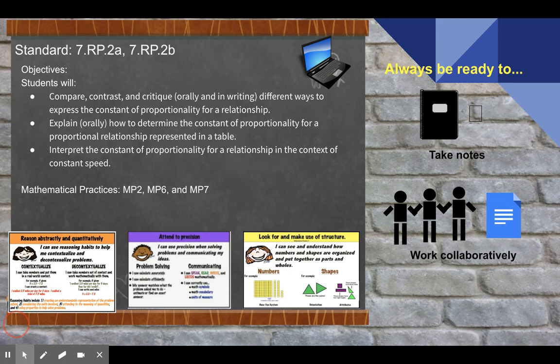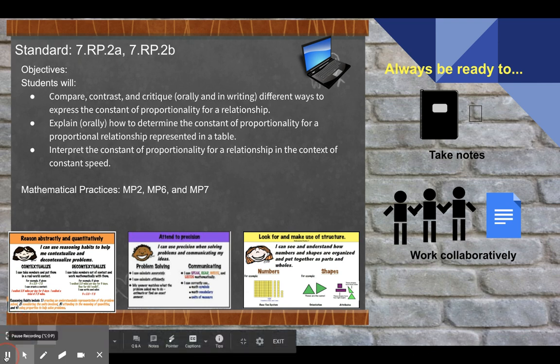Our mathematical practices for this specific lesson are going to be MP2, MP6, and MP7. Again, remember to be ready to take notes. And because we're doing this independently, there won't be that much collaborative work. So, kings and queens, go ahead and pause the video here so that you can copy down the standard and objective into your journals on page 6.